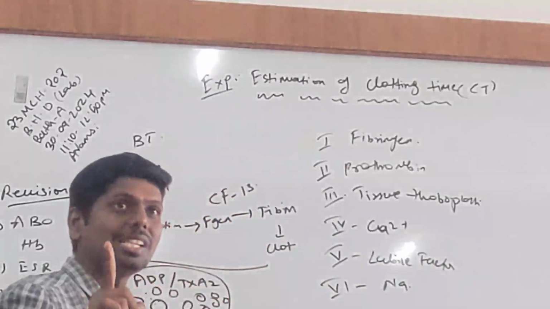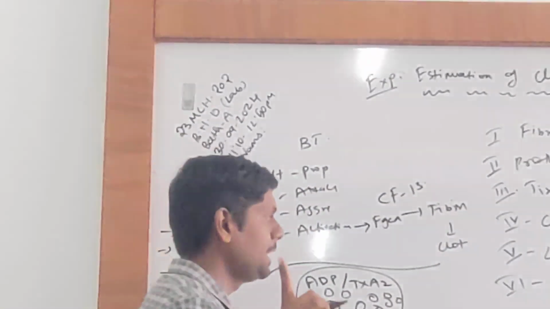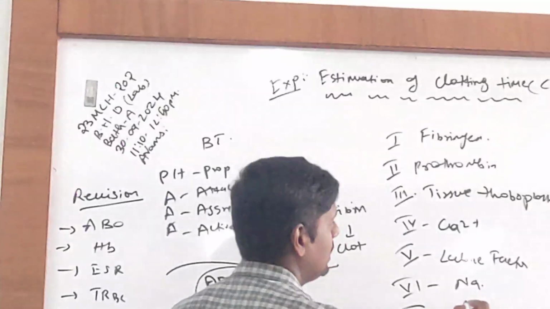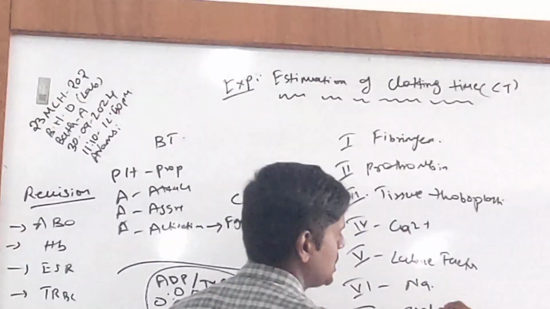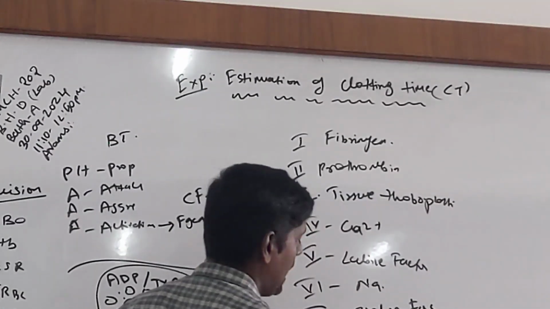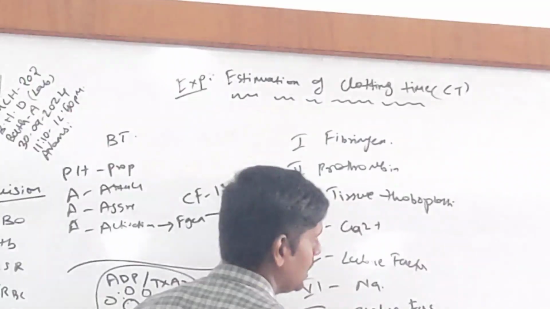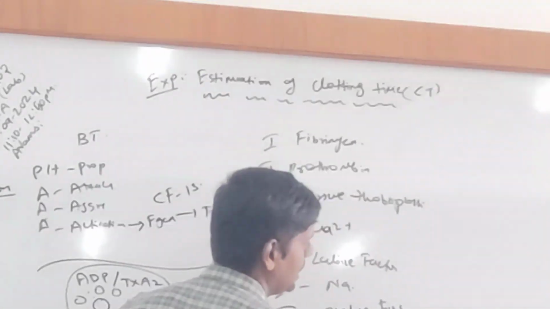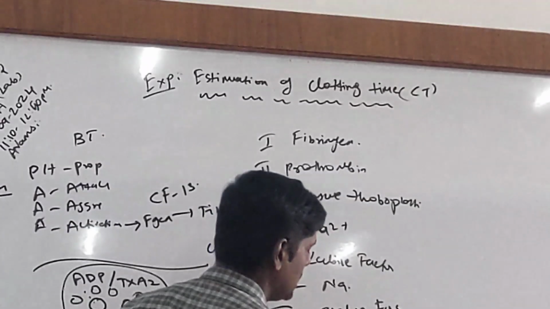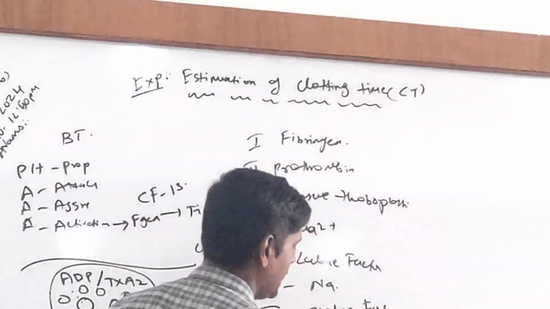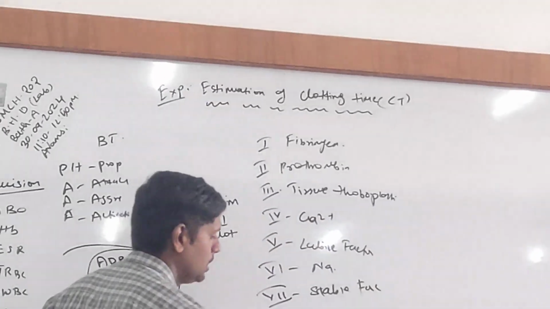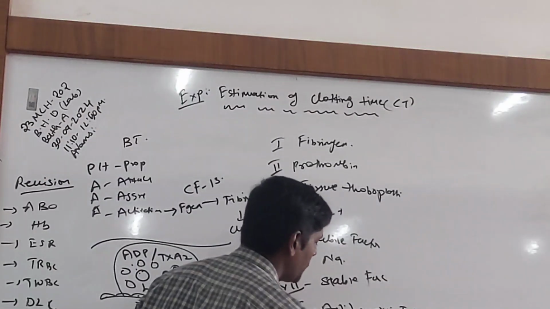Now, there is no sixth factor, keep in mind. Then the 7th factor, stable factor. Then the 8th factor, anti-hemophilic factor. Then the 9th factor, Christmas factor. Then the 10th factor, Stuart-Prower factor.